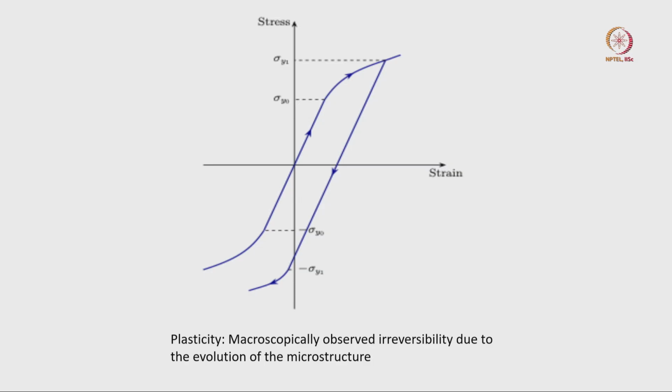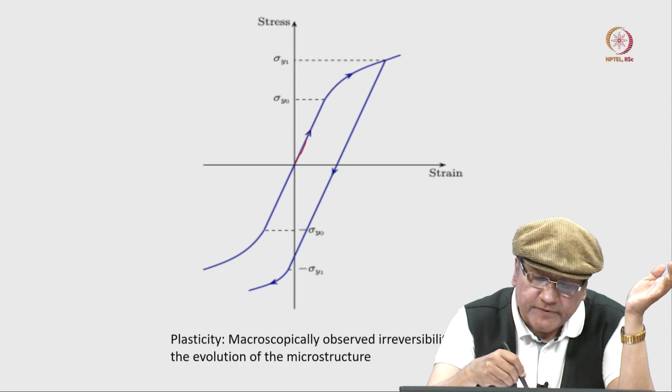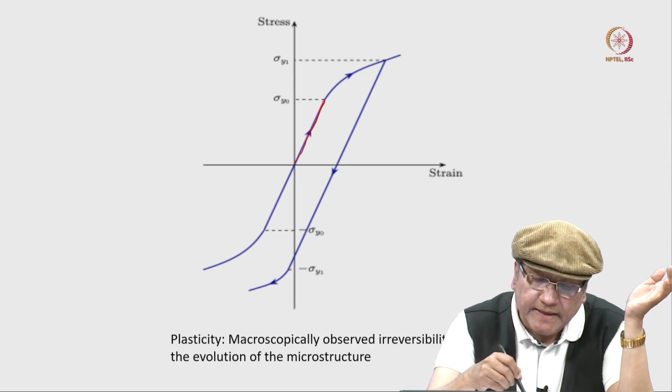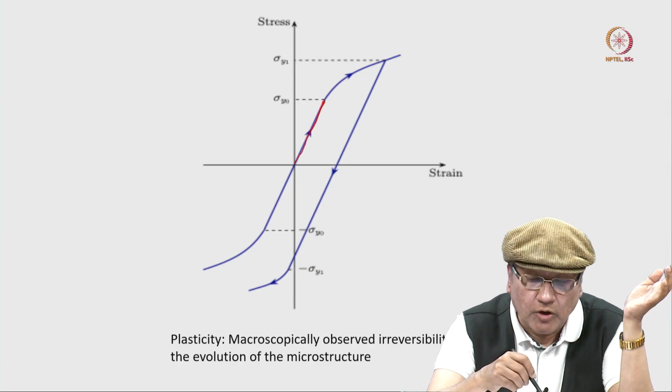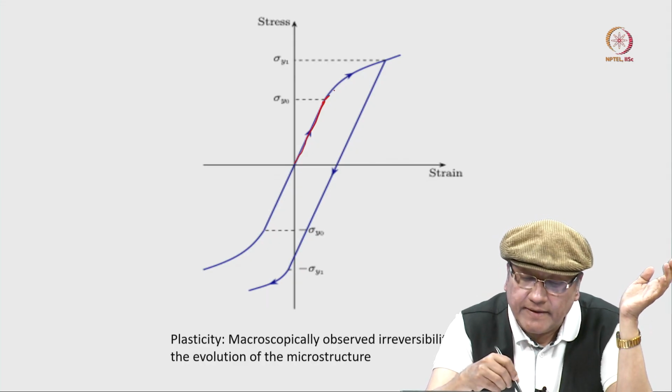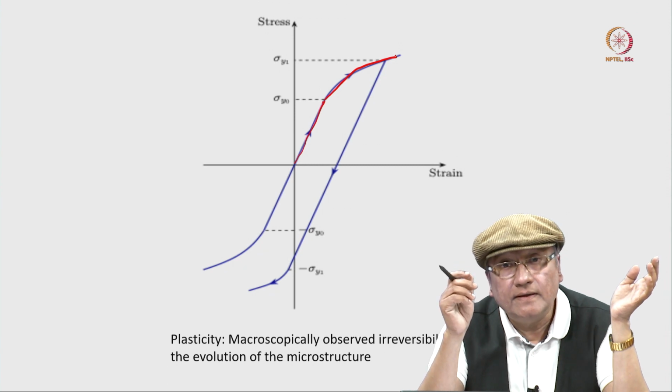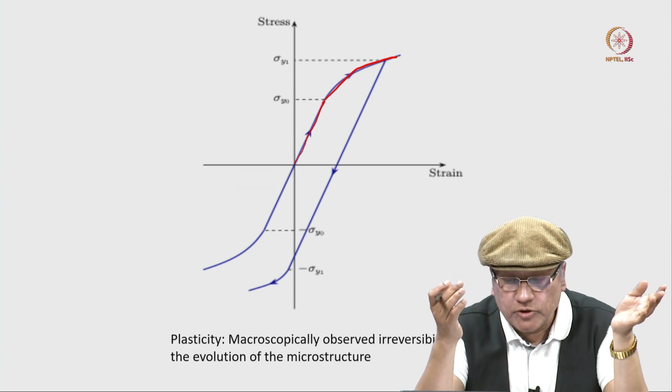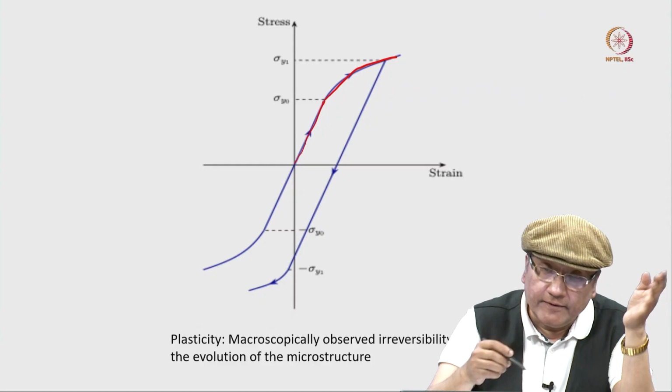For example, if you plot some component of the stress, some shear stress, versus some shear strain, based on an experiment on a sample undergoing plastic deformation, then you will typically see this kind of scenario. You will see some elastic part of the response, and then there is yielding, initial yielding, call it sigma y0 on the stress axis, and then there will be a hardening like this, due to the evolution of the defects and then the evolution of the microstructure.